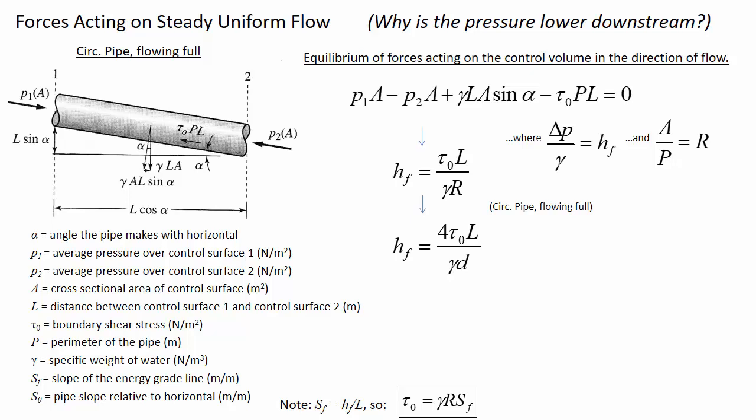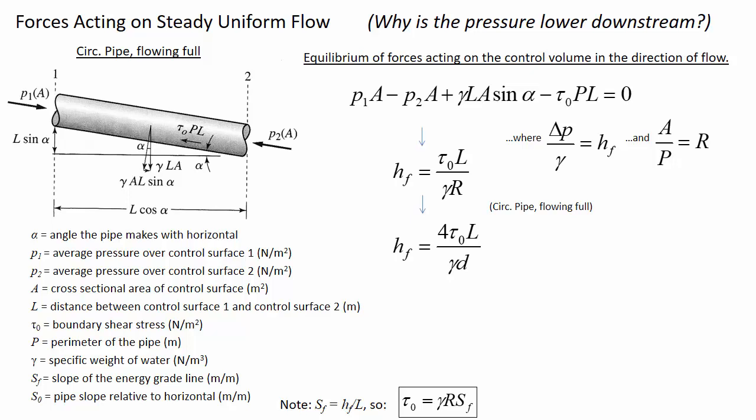And later in the semester, we'll have S sub W, which is the slope of the water, if it's open channel. What you need to know for now is that in a pipe, if you have steady, uniform flow, the physical slope and the slope of the energy grade line are going to be parallel to each other.